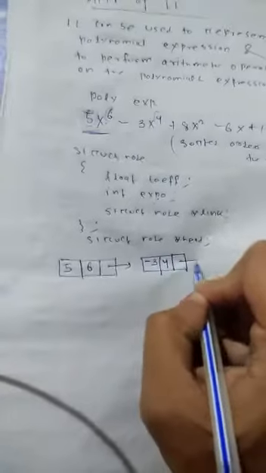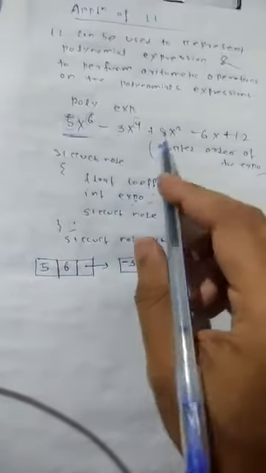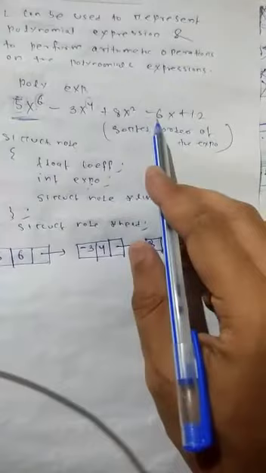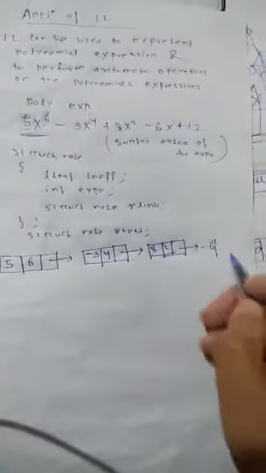Then this points to the next node. What is the coefficient? Plus 8, I am writing 8. What is the exponent here? Exponent is 2. This will point to the next node. Next, the coefficient is minus 6, so I am writing minus 6, and the exponent is 1.